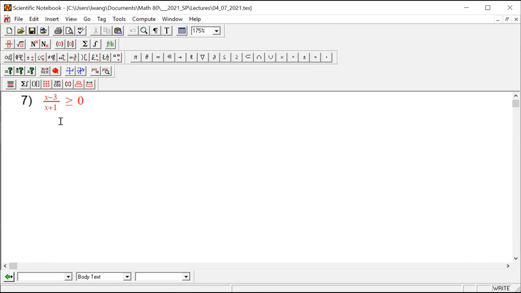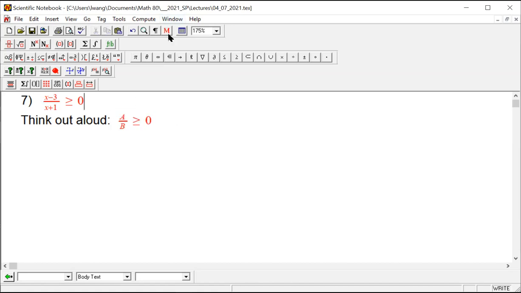For example, we can use the same idea we used with quadratics. But it seems to be a little bit easier, so we just view this as a quotient of 2 unknown numbers. We view this as A divided by B, and we want it to be positive or 0.